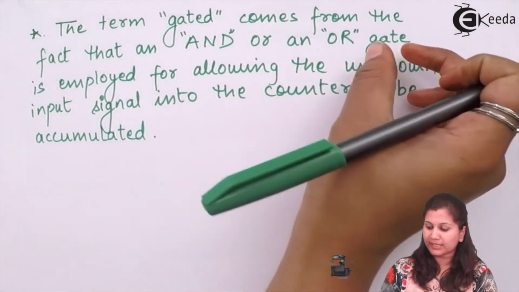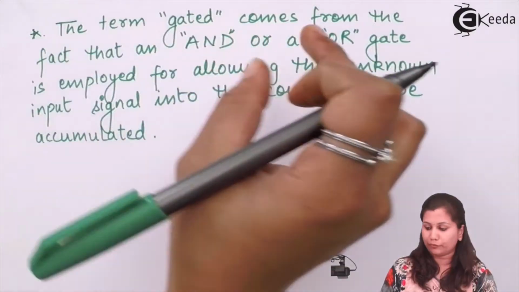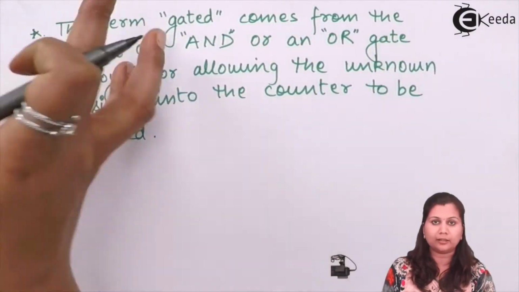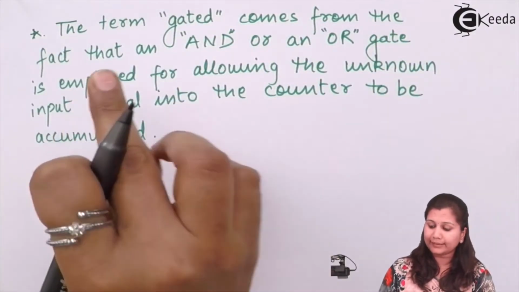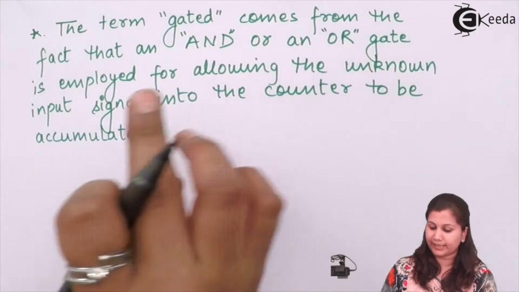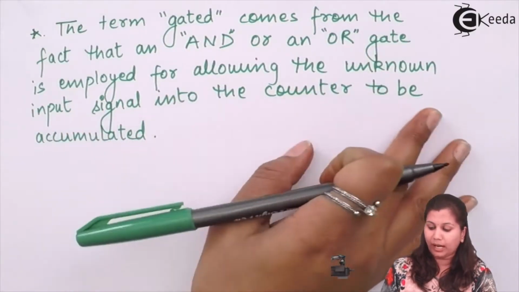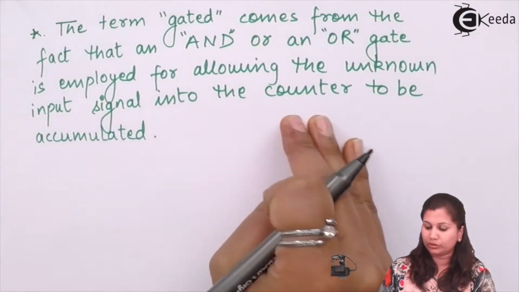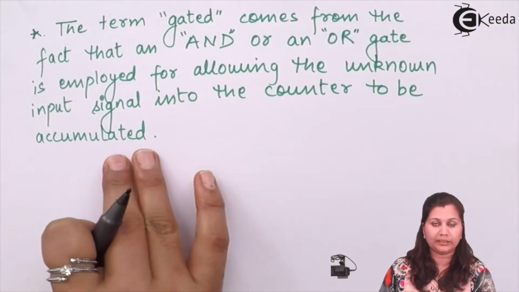From this word gate, the term gated has come out. These AND and OR logic gates are used for allowing the unknown input signal into the counter, to be accumulated.